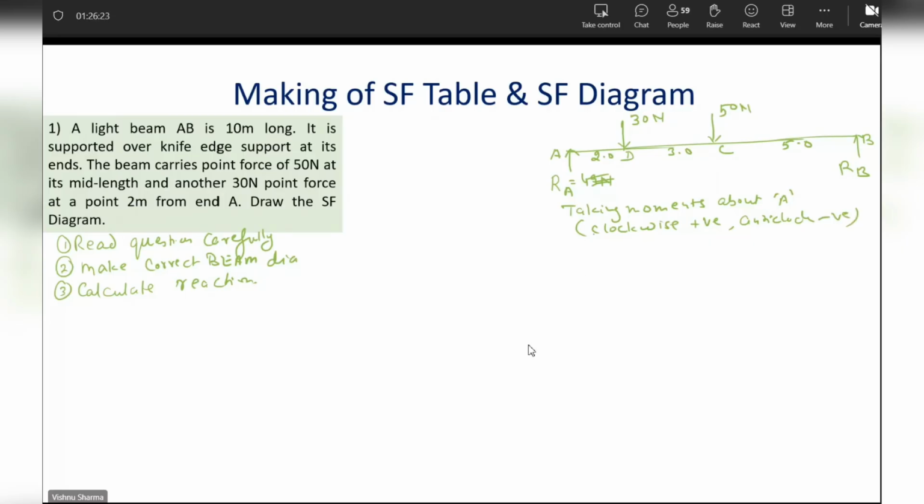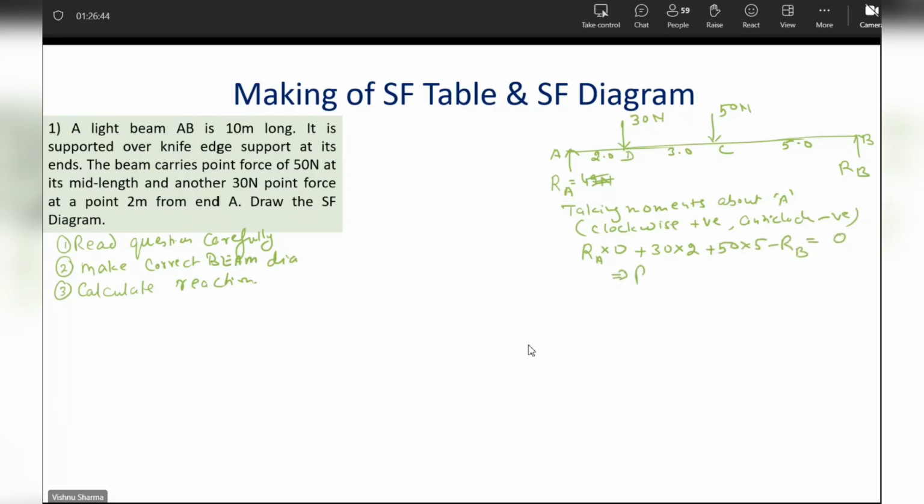I look at the diagram. The beam diagram will guide me through this now. Okay, my eyes on the diagram now, guys. RA into 0 plus 30 into 2 plus 50 into 5 minus RB, resultant is 0.